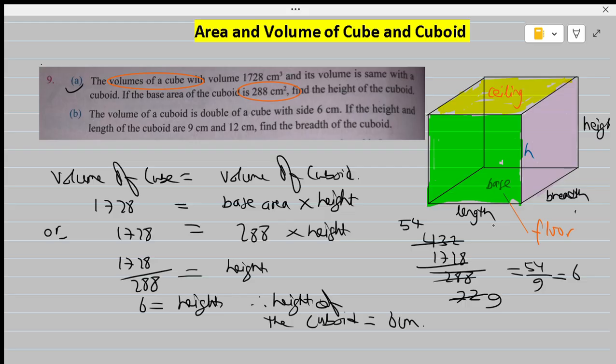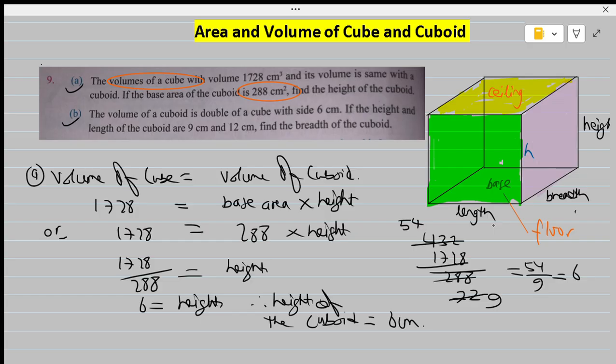So in the same way you can do (b). The same thing is there. The volume of the cuboid is double that of the cube. In (a), these were equal, and in the second, the volume of the cuboid is equal to 2 times the volume of the cube. The height and length of the cuboid are given, and the breadth of the cuboid you have to find.